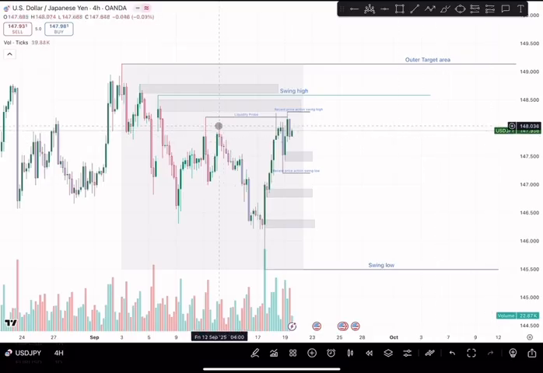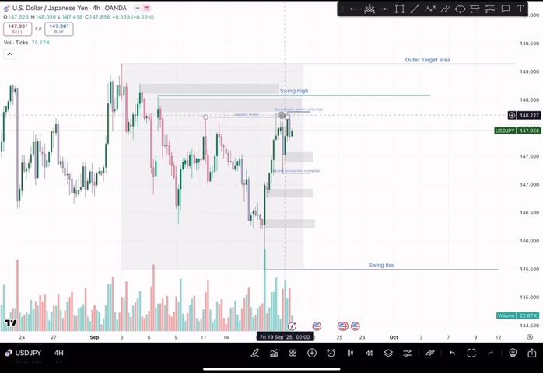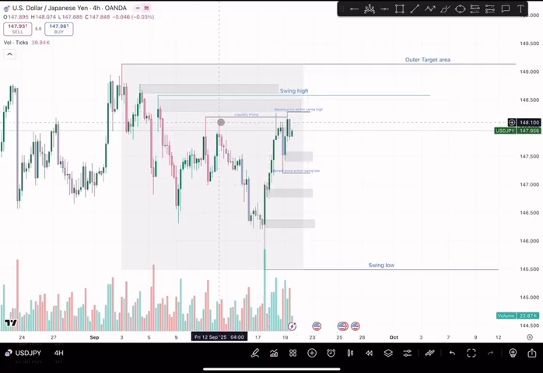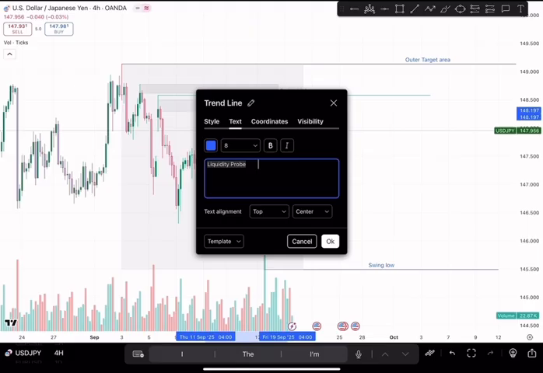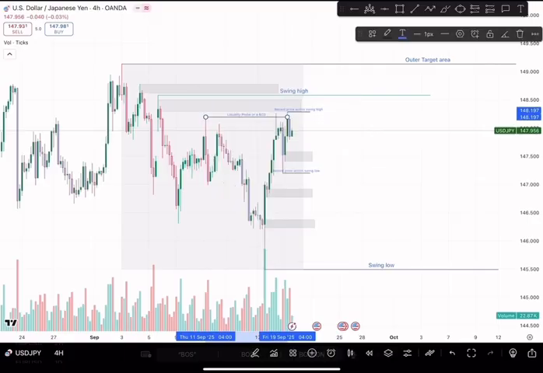You can see right here there is a liquidity probe. I'm saying most likely it can be a liquidity probe or it can be a breakup structure. It's either one of the two, and I'm going to show why I would say that.